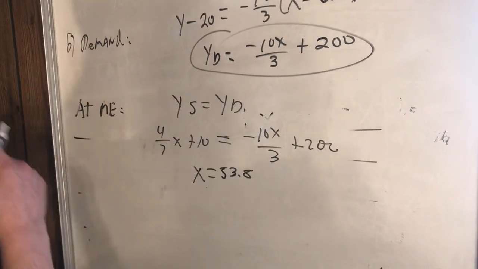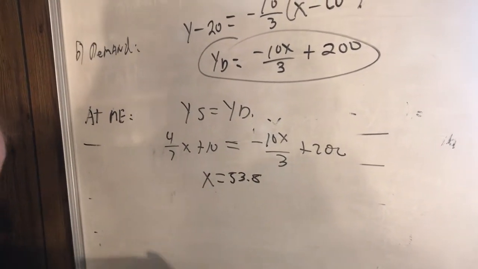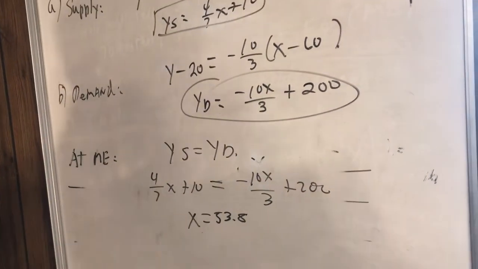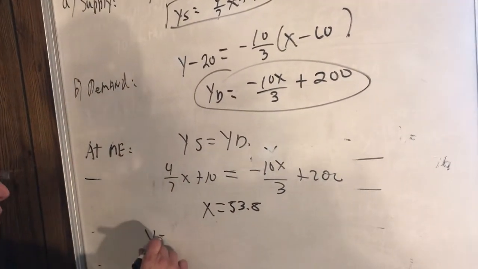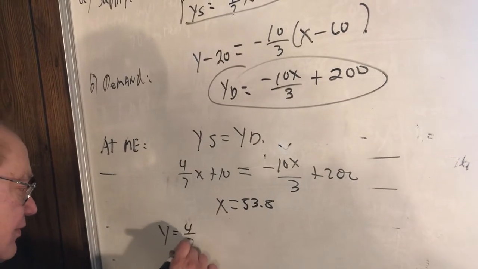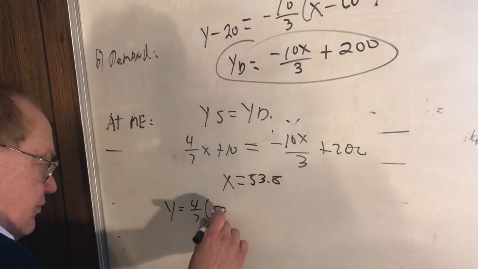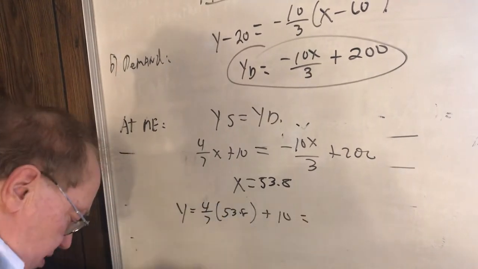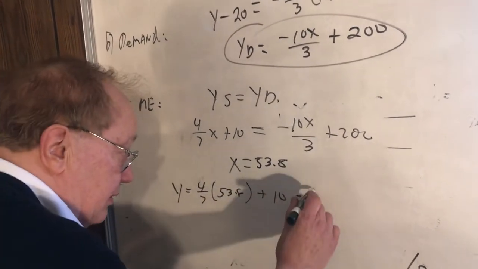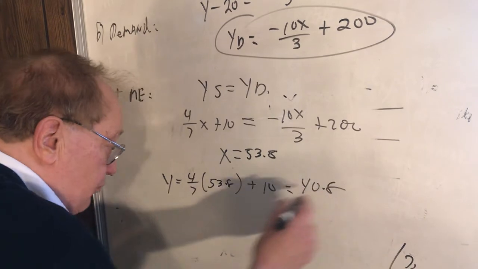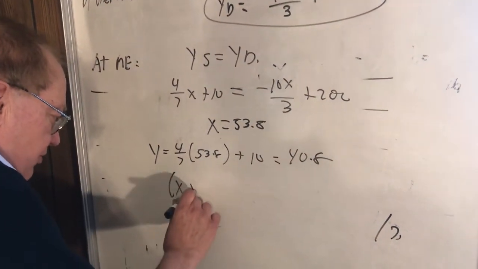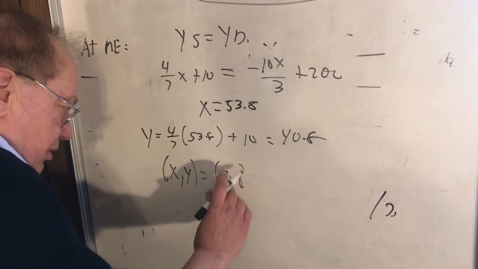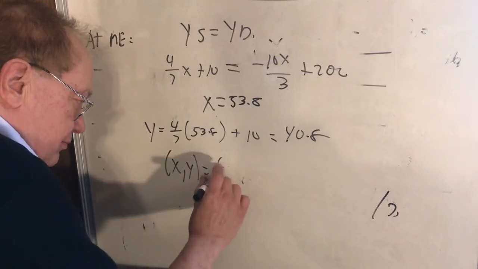And then I substitute in any one of the other ones. I substitute in here, y equals 4/7 times 53.8 plus 10, and we get 40.8. So our xy values are what we would call our PQ values, our QP values, sorry.